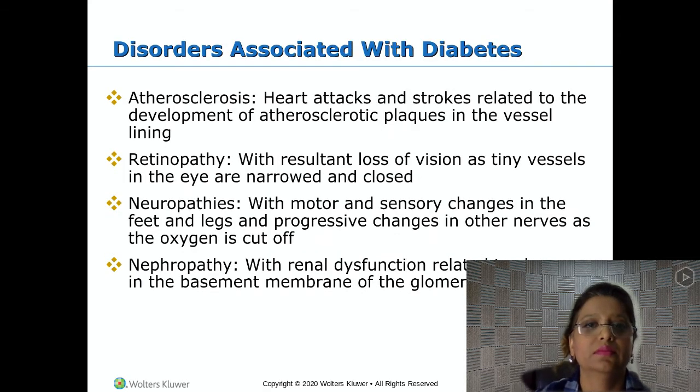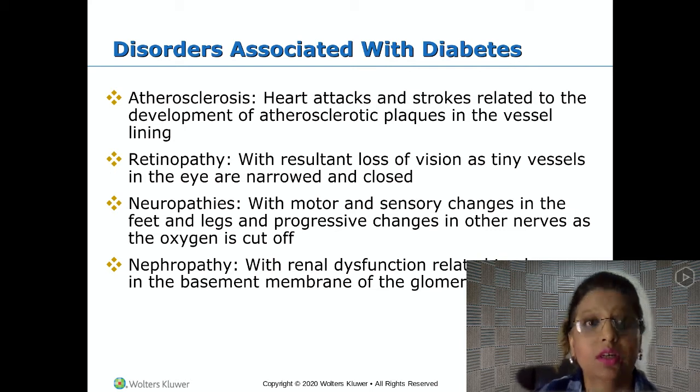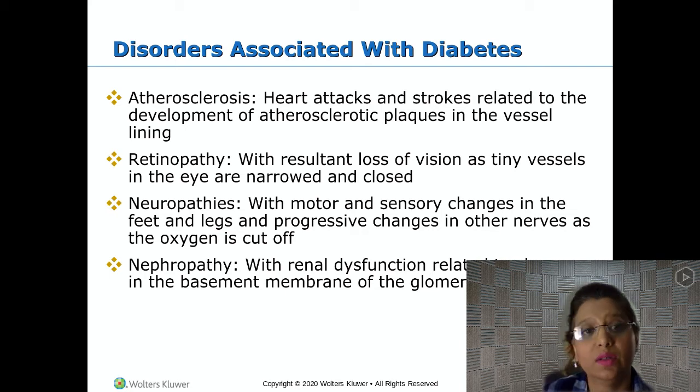And then there are some other disorders that could develop because of high blood sugar, which is atherosclerosis, when a person will have plaques in their arteries, retinopathy, which is like bad vision, because all of this high blood sugar causes the blood vessels to be not good. And then neuropathy, nerves which are not very functional because of excessively high blood sugar for a long time.